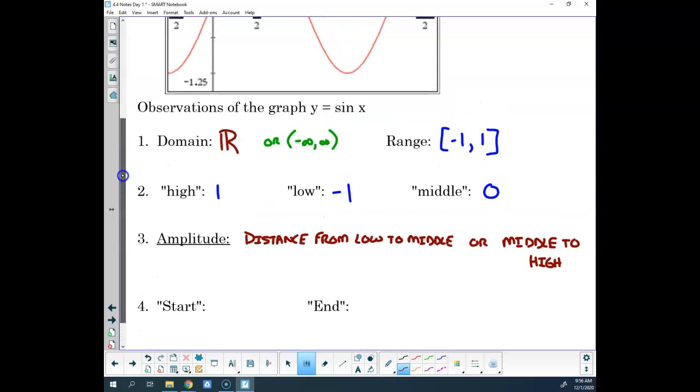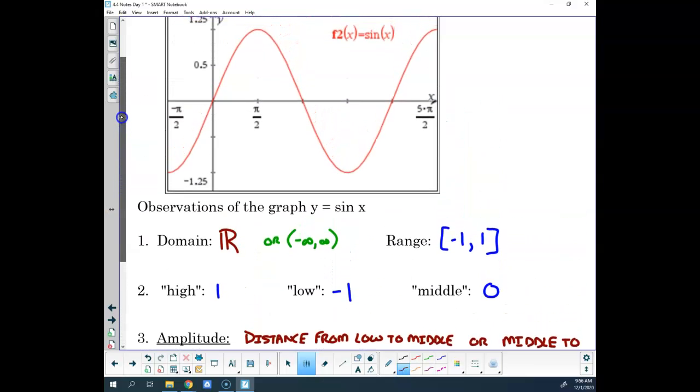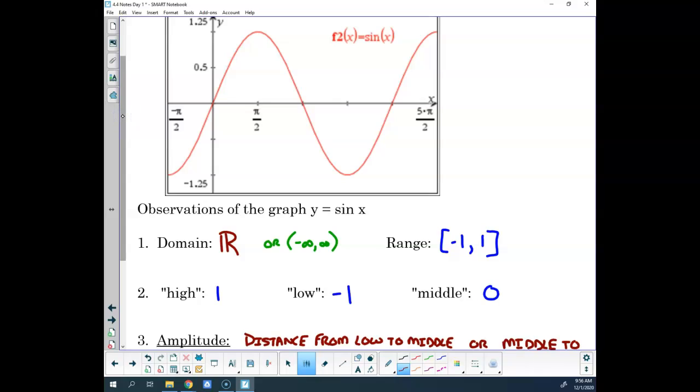So if I go back to my curve up here, my middle line is right there. My high line is right there.